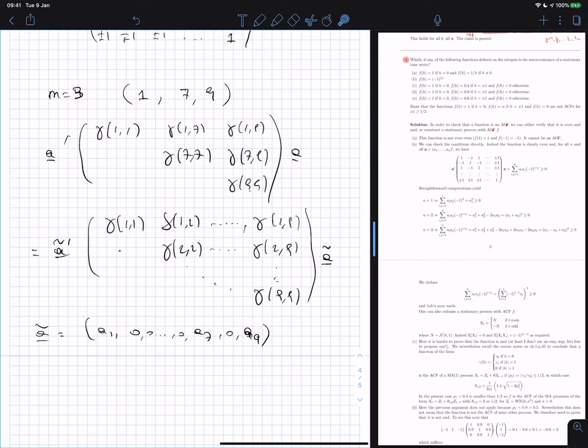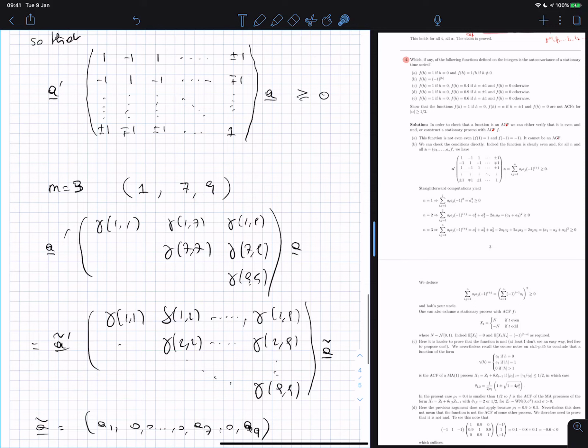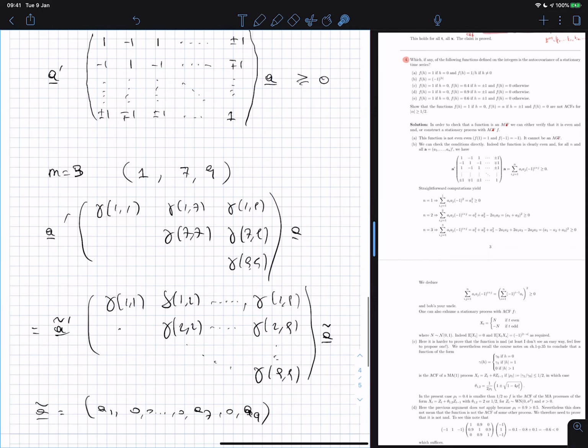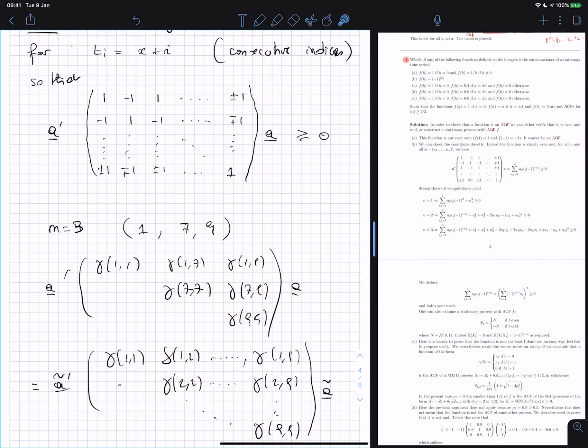Yes? Yeah, I see. Therefore, this is in fact true in general. It's not just in this specific example, right? No, it's true in general. So in fact, it's sufficient to work it out for consecutive indices, and then we will get it for any combination of indices. Okay, that's useful. Okay. So your question was wonderful.